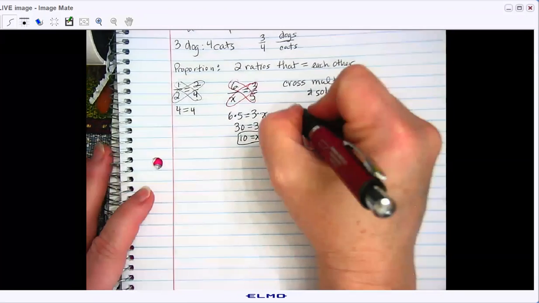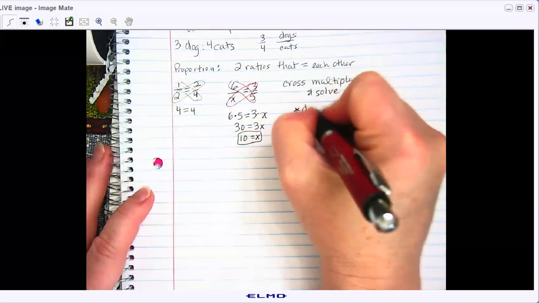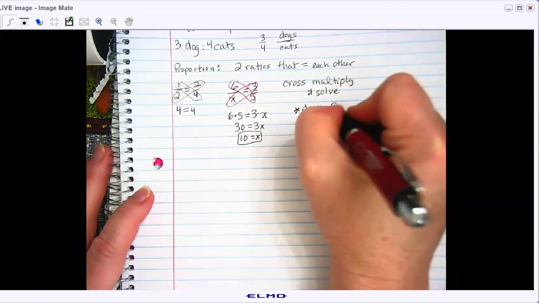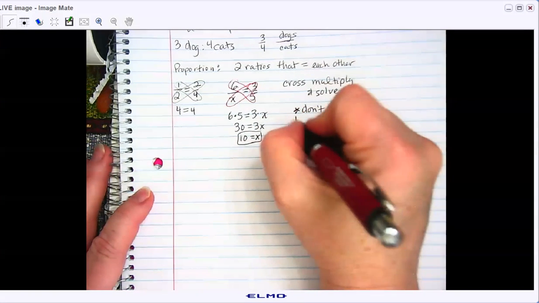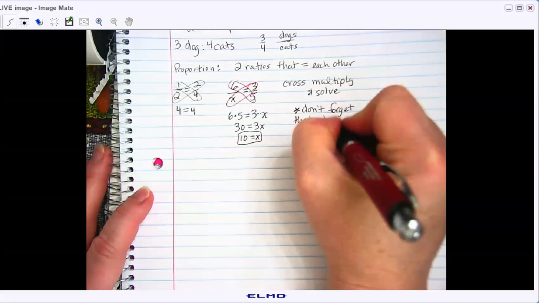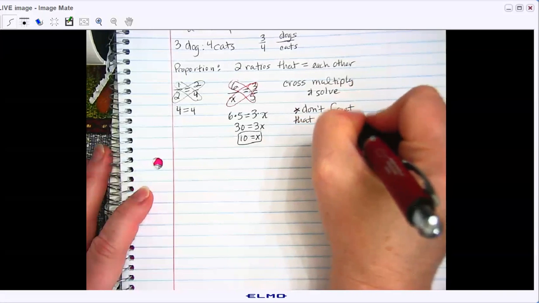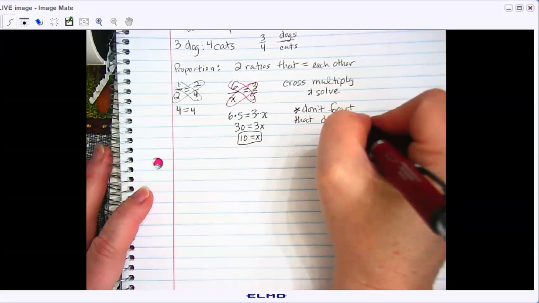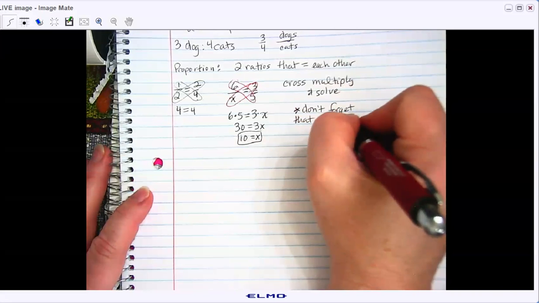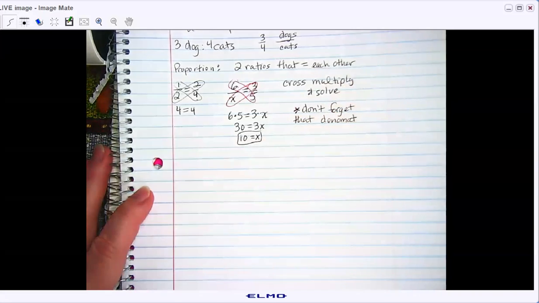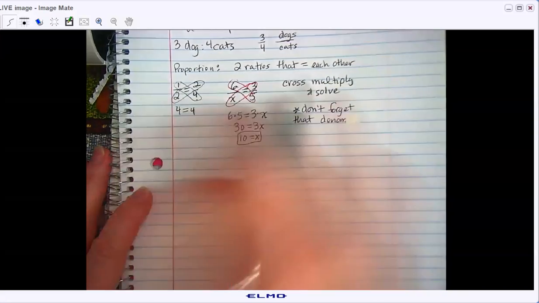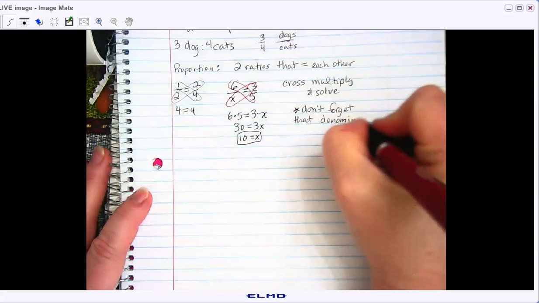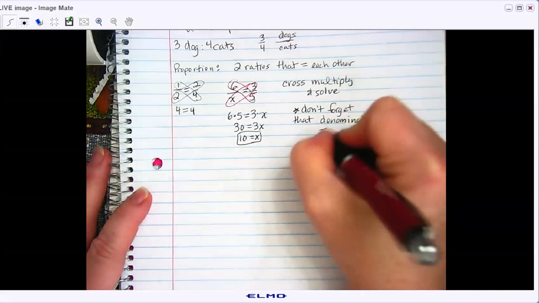Okay. But please remember that denominators, hold on, I spelled that wrong. Yeah, my hand and brain don't always work together. Denominators cannot equal what number?